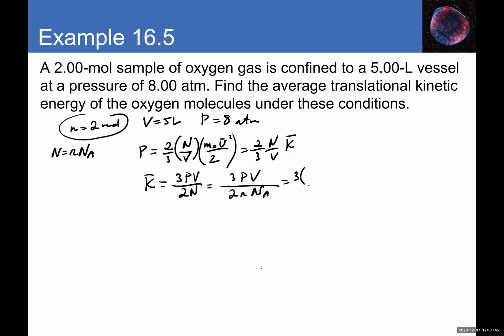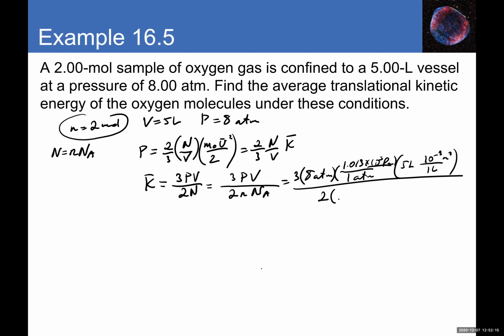So 3 times the pressure, which is 8 atm. Remember, kinetic energy has to be in joules, so I have to convert everything into joules. 1 atm is 1.013 times 10 to the 5 Pascal. The volume, 5 liters, is converted where 1 liter is 10 to the negative 3 cubic meters.